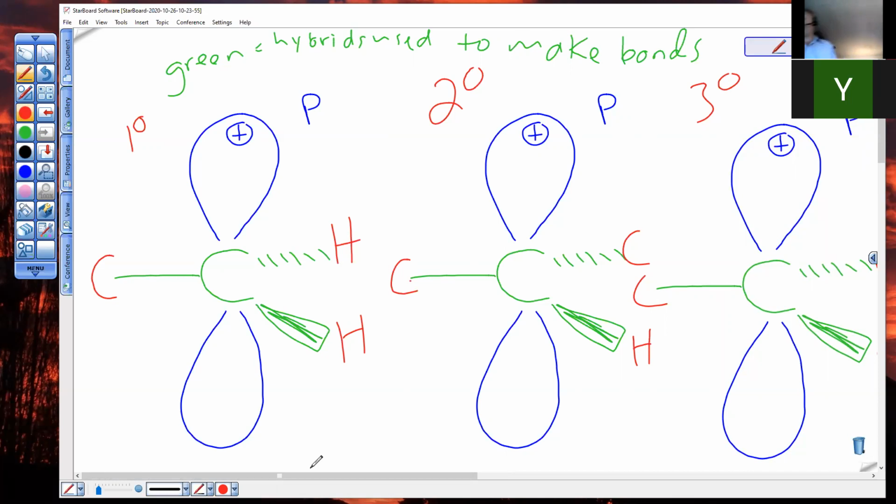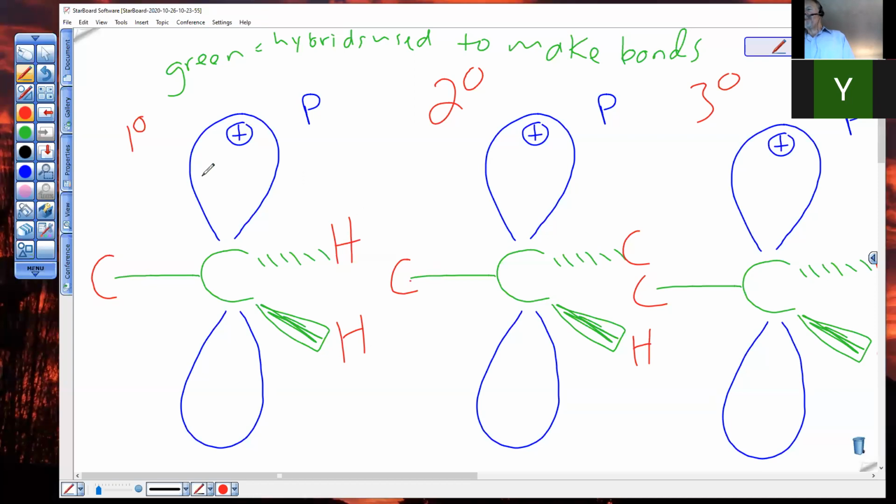I hope we can agree that the least stable part of this thing is the cation, and it needs stabilizing. Well, the only thing that can stabilize a cation is electrons near the cation. When you have a hydrogen bonded here, there are no electrons up here, and there are no electrons down here.